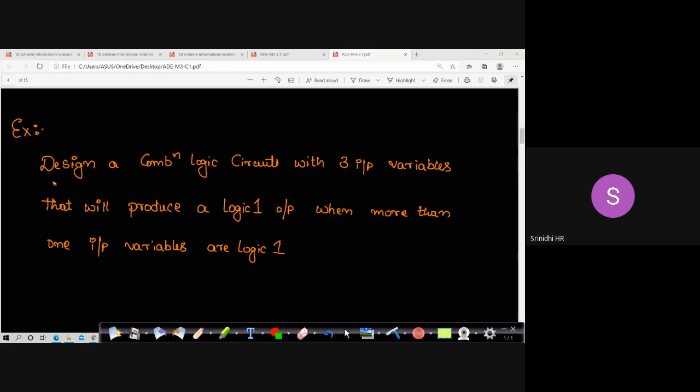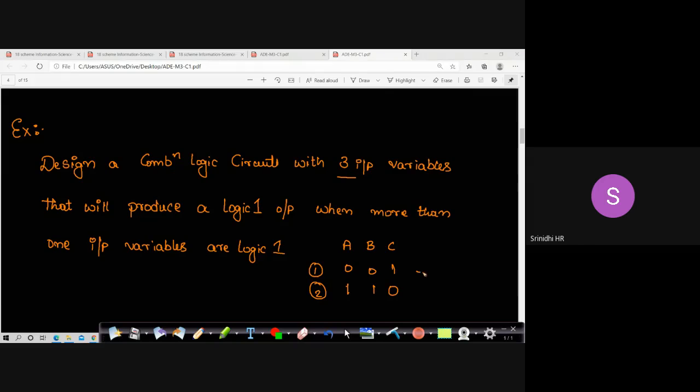He is taking 3 inputs. Let's say my inputs are A, B and C. Let's take some values: I'll write 0, 0, 1, and another example, 1, 1, 0. Let us say this is my input 1 and this is my input 2.